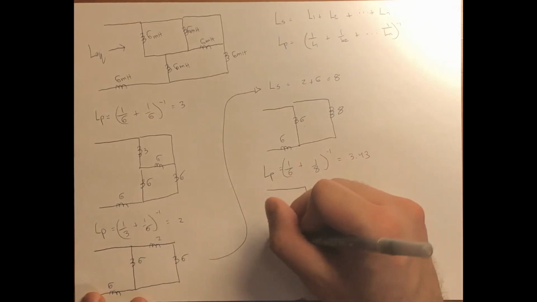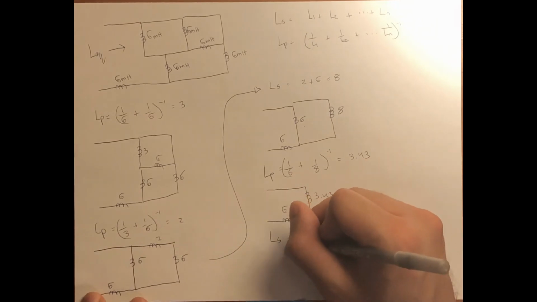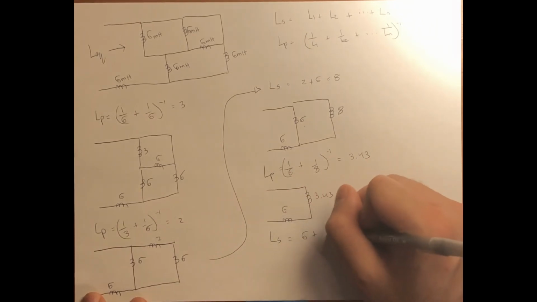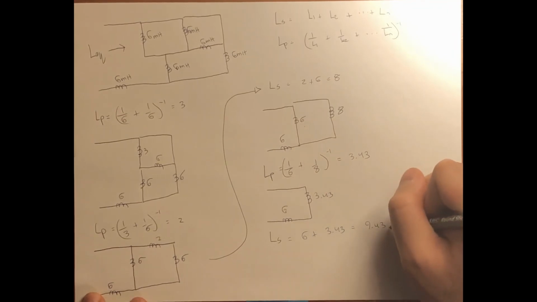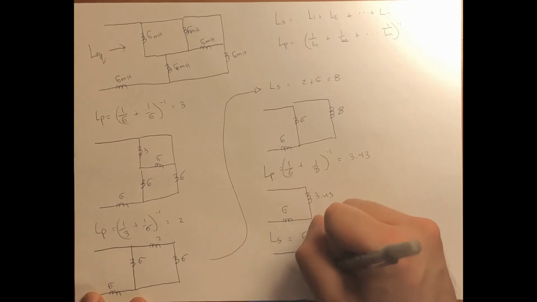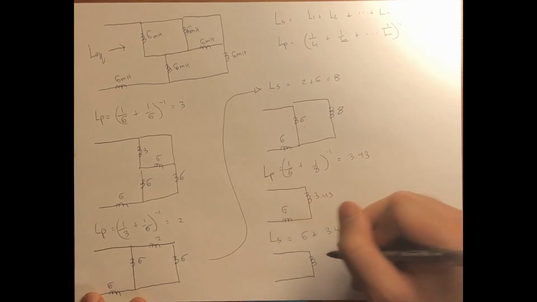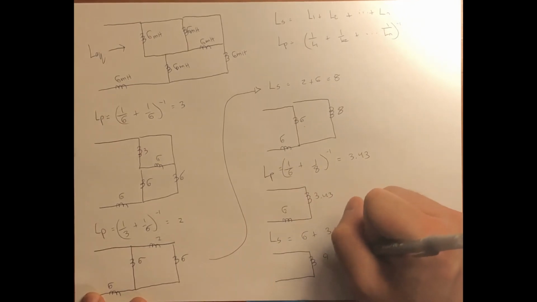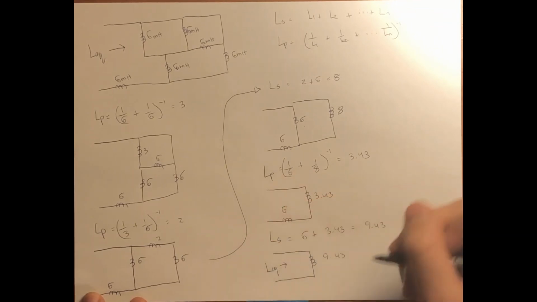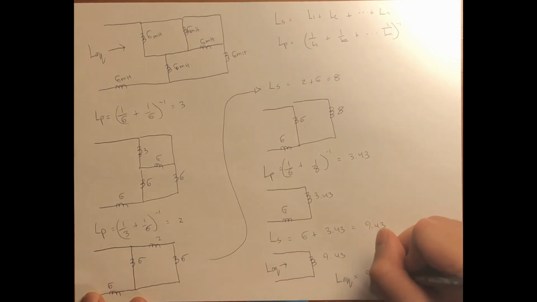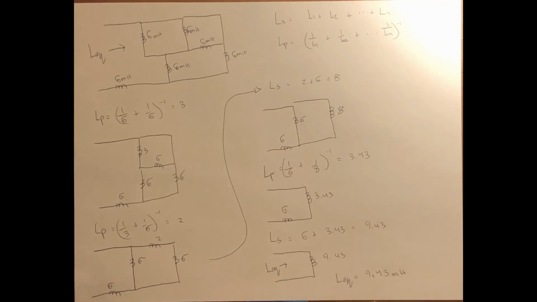Now these two are in series, so we use the series formula, which is just the sum. That gives us 9.43 millihenries. This is Leq, so Leq, the equivalent inductance, comes up to 9.43 millihenries.